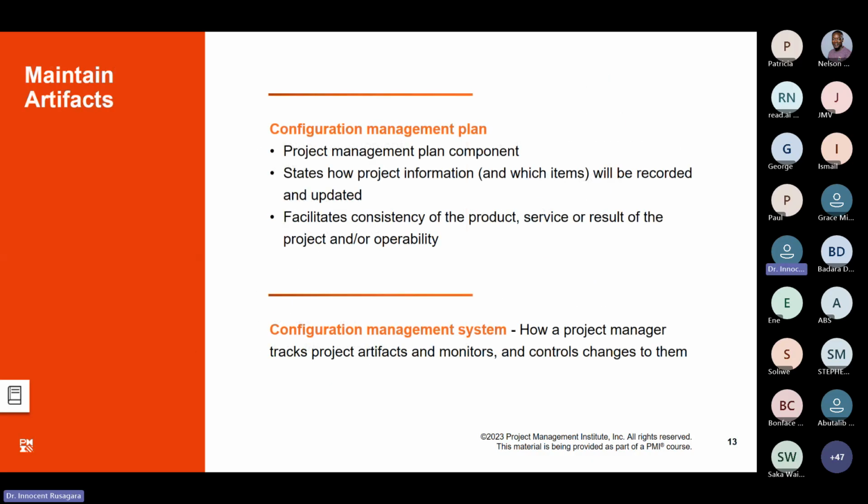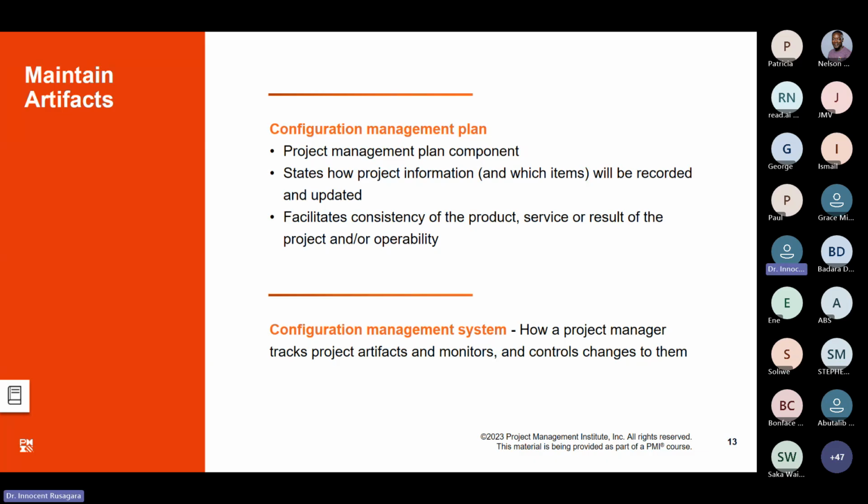So you have to maintain artifacts. There is what we call the configuration management plan. This is just like version control. It is a project management plan which shows the version.